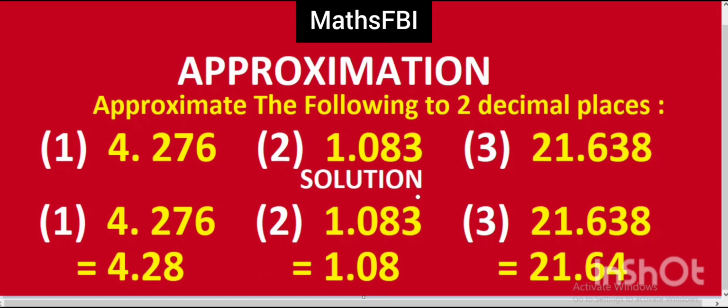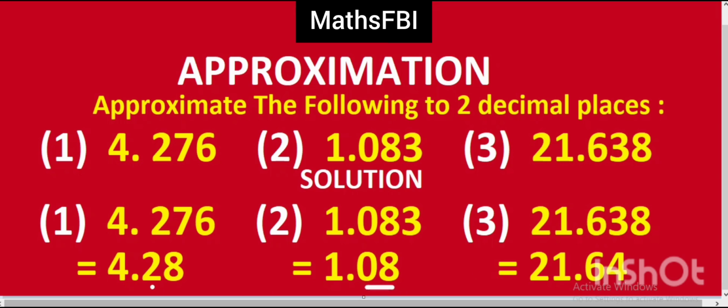The same principle here. 3 is less than 5, so we round it down to 0. 0 plus 8 is 8, so we've got 1.08.